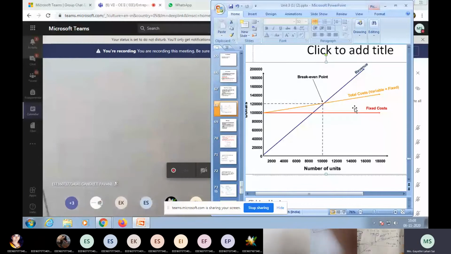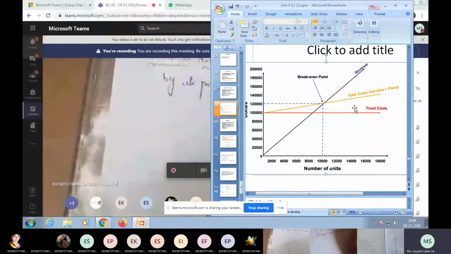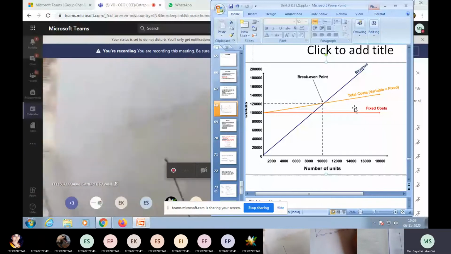Are you drawing? Yes, ma'am. After it is finished, please tell me. I'll tell the formulae, then we'll do a problem. For your convenience, I had written it in Paint and pasted that in the PPT.